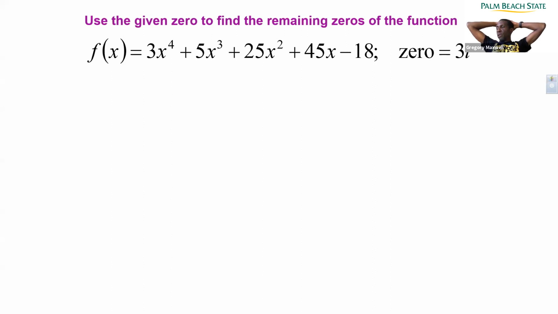The number of zeros is equal to the degree of the polynomial. So how many zeros should it have? 4. That is correct. Now, one of those zeros is 3i. So what's another zero that we know right away? Negative 3i. That is correct.